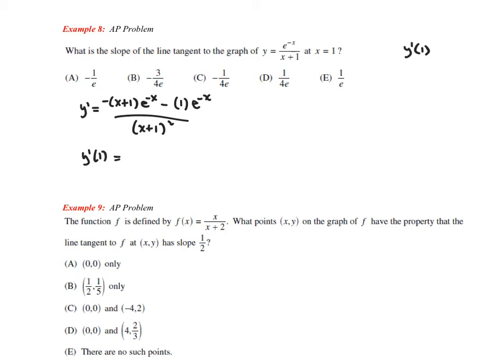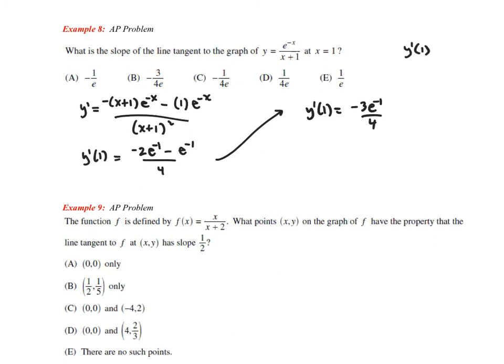That'll give me negative 2e to the negative 1 minus e to the negative 1, over, and if I plug a 1 in the denominator, that'll be 2 squared, which is 4. Okay, I don't see that here, so I'm going to kind of clean this up. This looks like we get y prime at 1 would equal negative 3e to the negative 1, divided by 4.